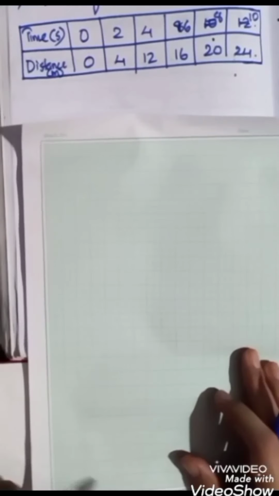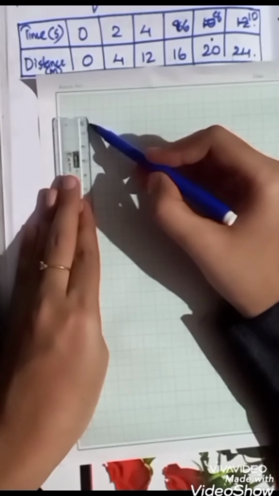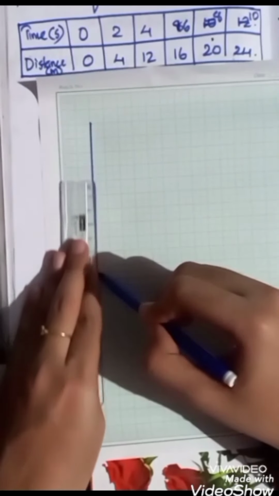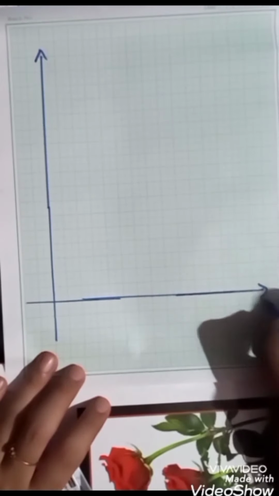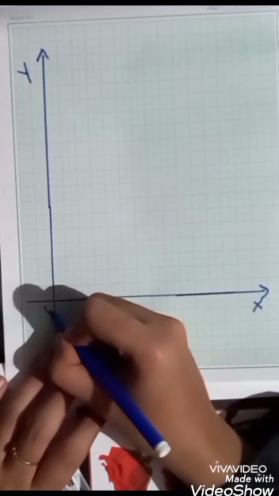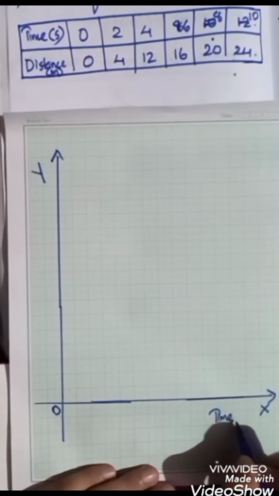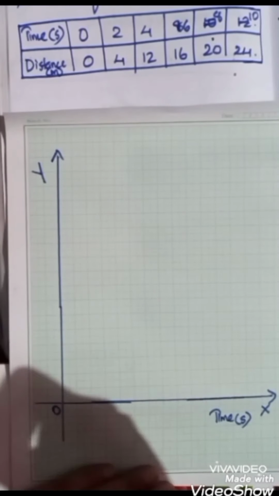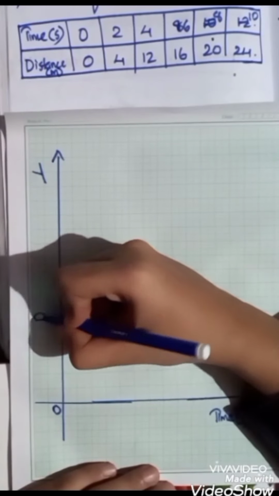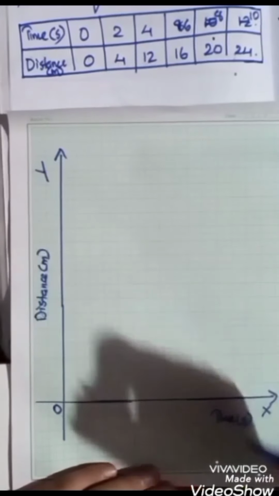Then we draw the distance time graph. There are two axes here. This is the x-axis and this is the y-axis, and this is the origin. We have to mark the time in seconds here, and the distance in meter.